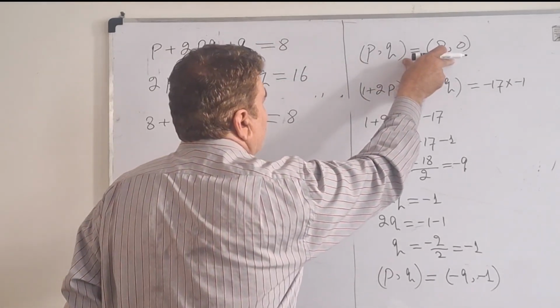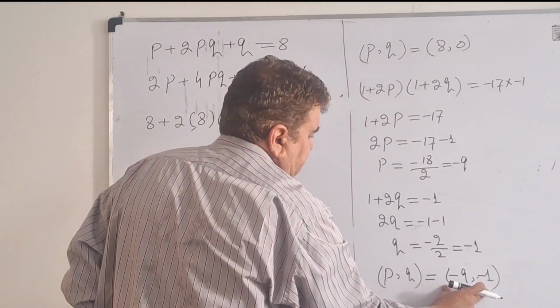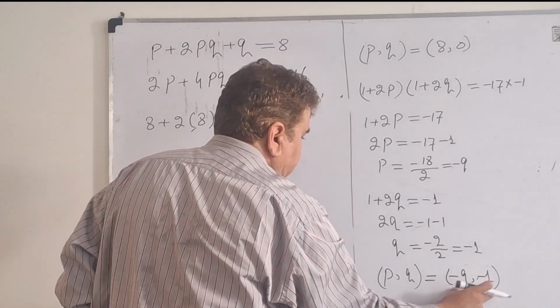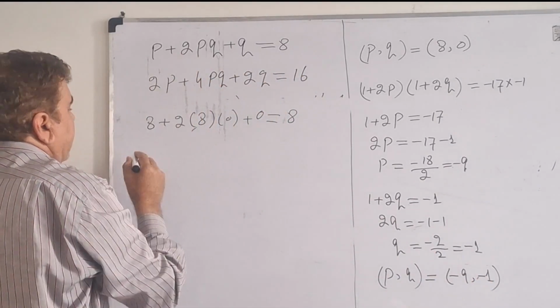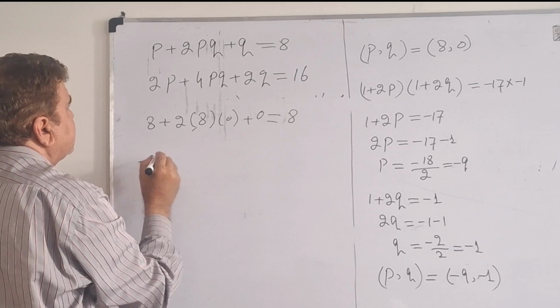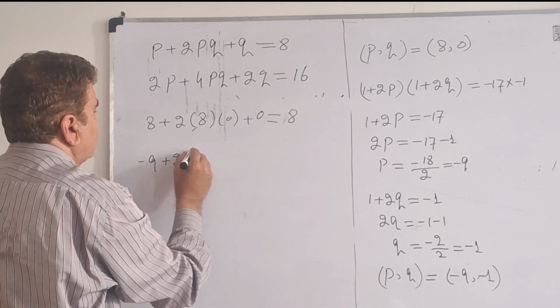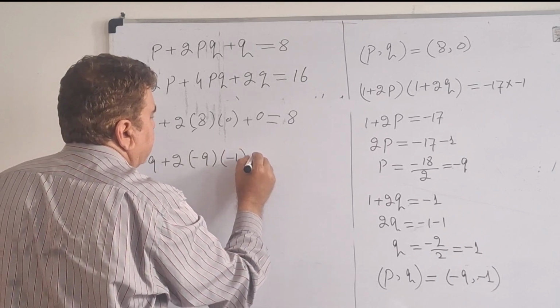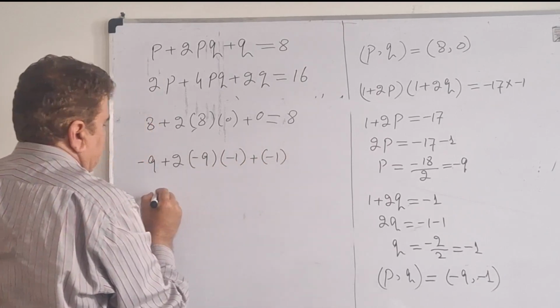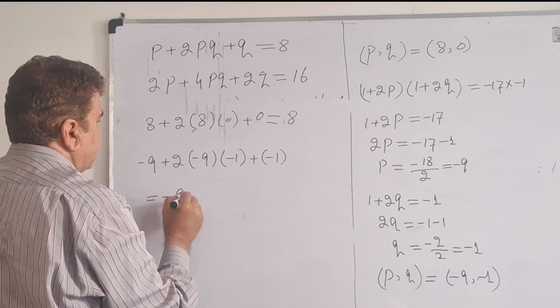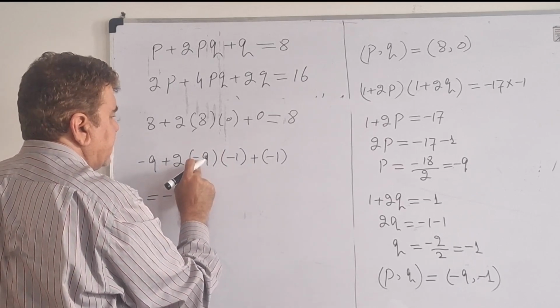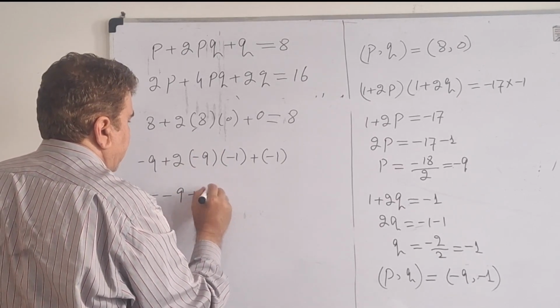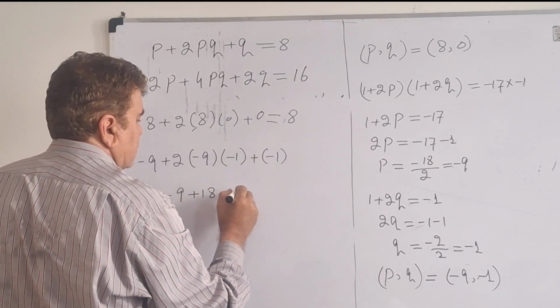This solution is valid. Similarly, if I substitute these values in the left side, I get minus 9 plus 2 times minus 9 times minus 1 plus minus 1. This equals minus 9, minus times minus is plus, so this gives me 18, and minus 1.